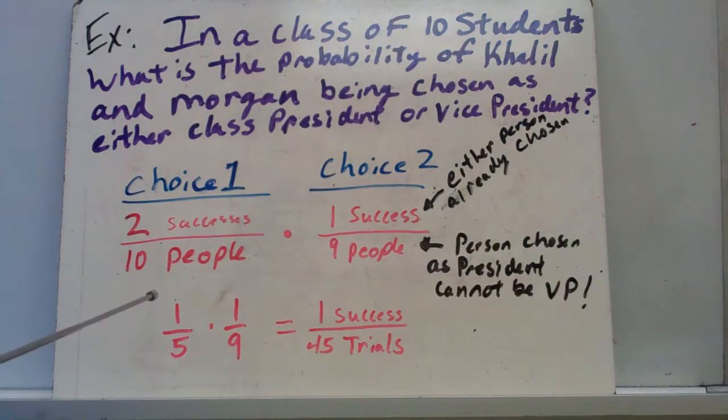So we would take our 1/5 fraction, multiply that by 1/9, and we would get 1 success out of 45 total trials. Again, the event beforehand affected the event after. So choice 2 was affected by what happened with choice 1. All right, we will definitely be practicing this in class, and I will see you there.